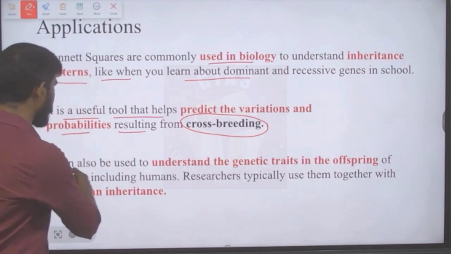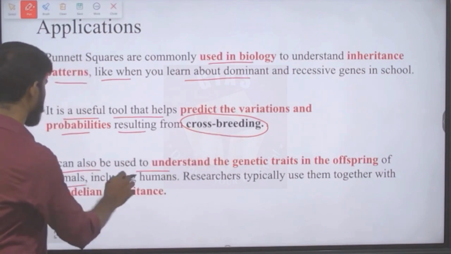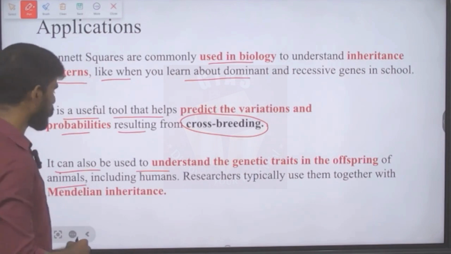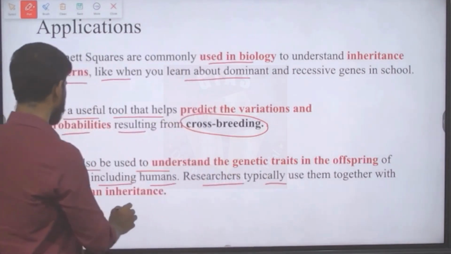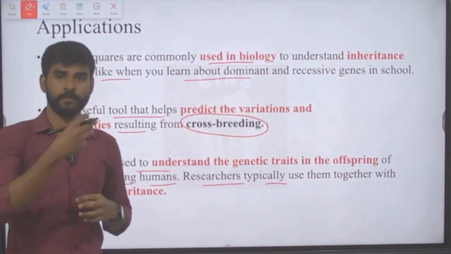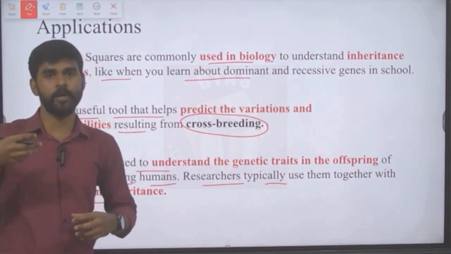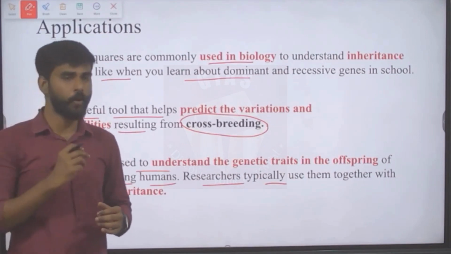And then it can also be used to understand the genetic traits of the offspring in animals, including humans. And researchers typically use them together with the Mendelian inheritance method. So the Mendelian inheritance method along with Punnett square will give you excellent results. Okay, I hope it is clear.